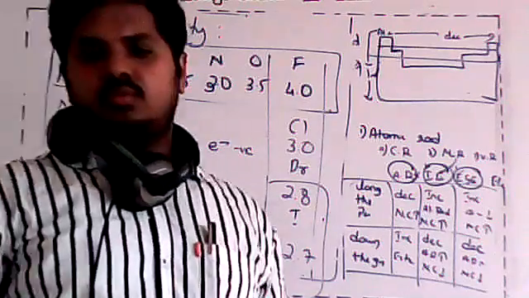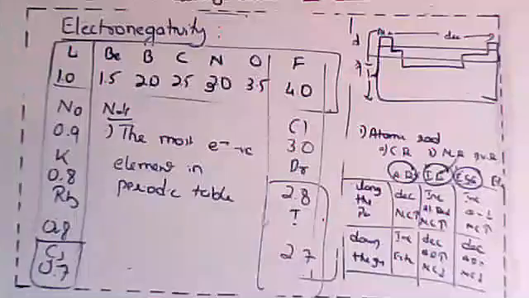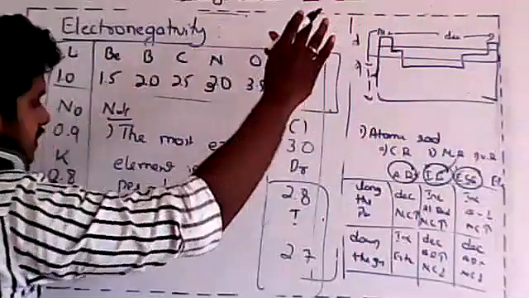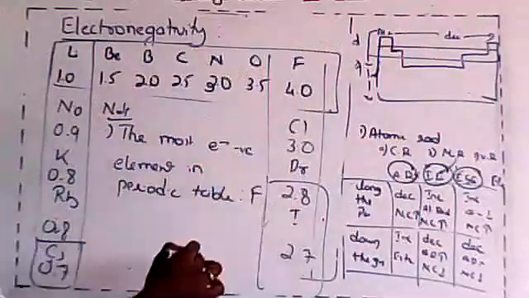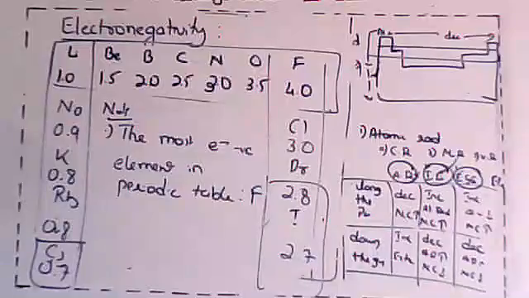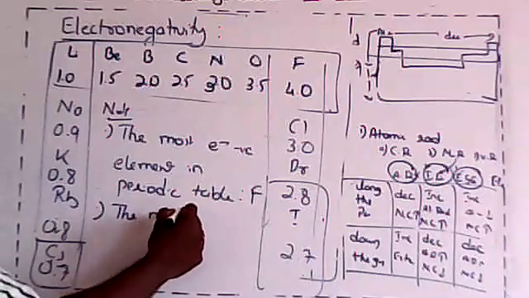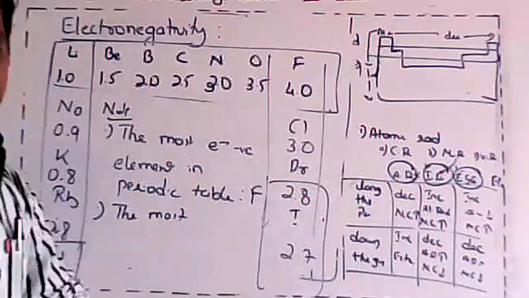Can you tell me what element is the very most electronegative? Yes, it is fluorine. At the top right-hand corner, you will get the highest electronegativity, that is fluorine. Yes, those answering, it's correct. And the most electropositive: what do you mean by electropositive? Exactly the opposite of this.